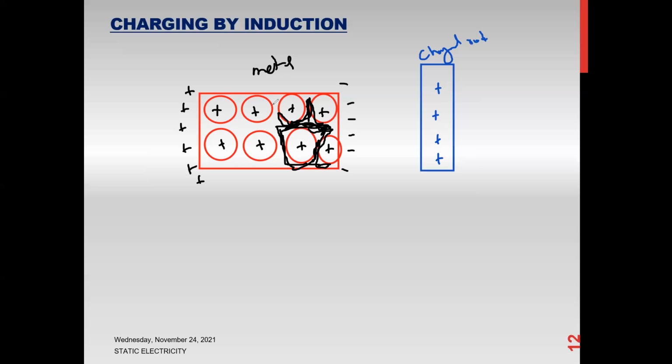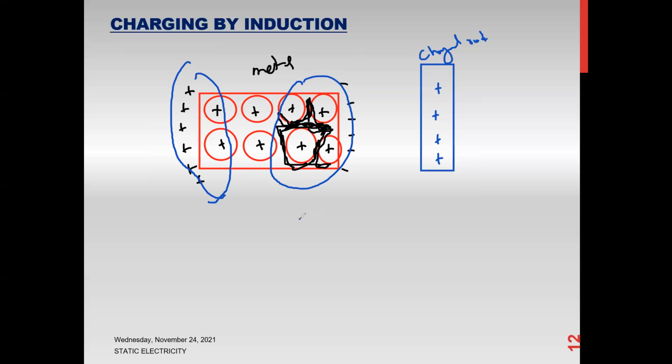Whereas metals have delocalized electrons, which are redistributed due to the positively charged rod, or it can even happen with a negative one. The electrons, originally all around the metal, are now shifted more towards the charged rod.